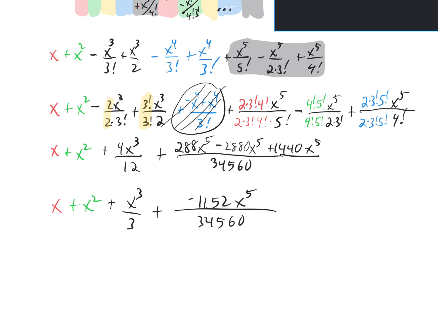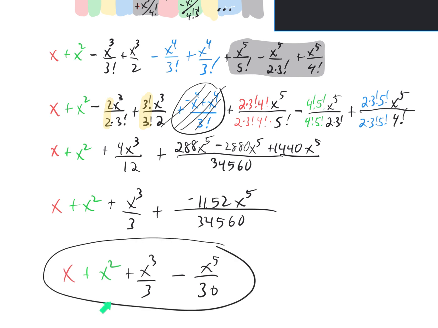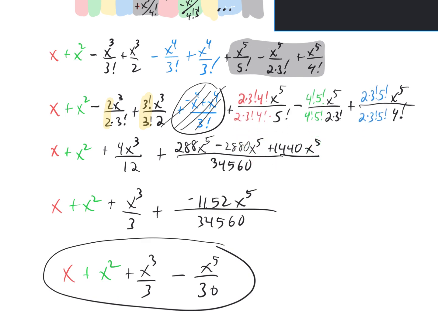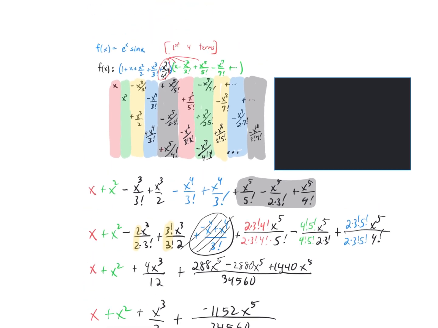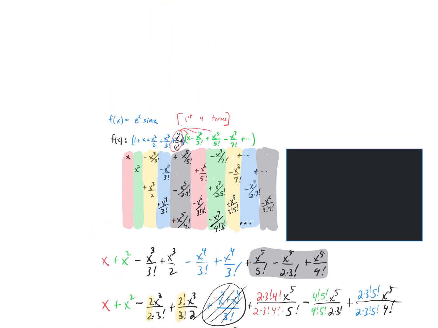And finally, that fraction reduces nicely to minus x to the fifth over 30. And there we have our first 4 non-zero terms for the series of e to the x times sine of x.